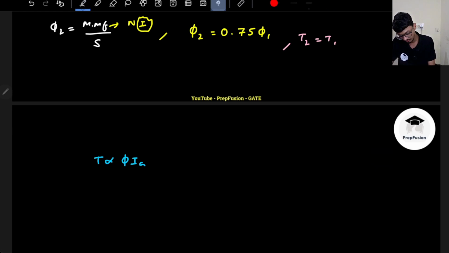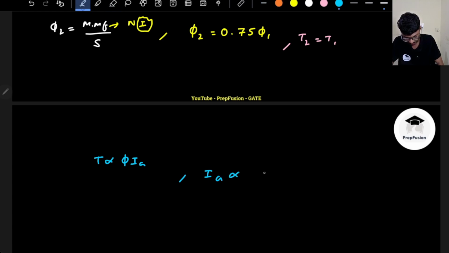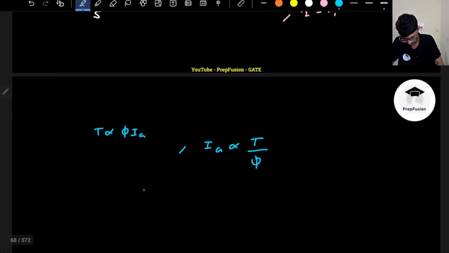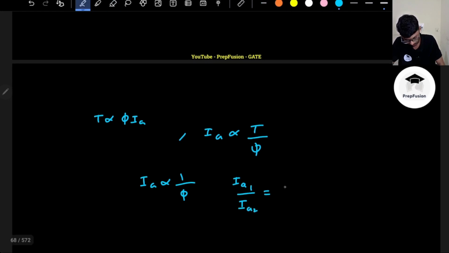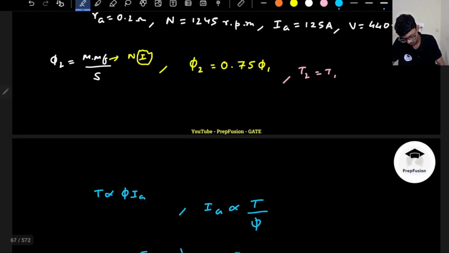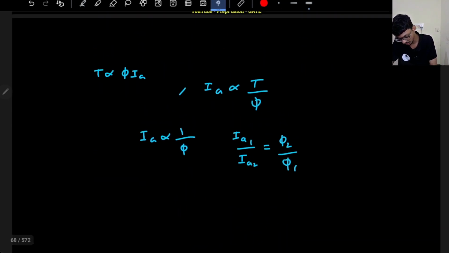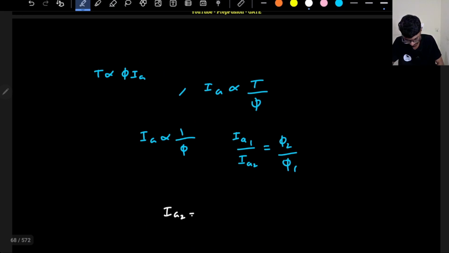Flux is getting reduced but torque is the same, so armature current is proportional to torque by flux, which means it is inversely proportional to flux. So Ia1 by Ia2 equals phi 2 by phi 1, which is 0.75. So Ia2 is equal to Ia1 divided by 0.75.